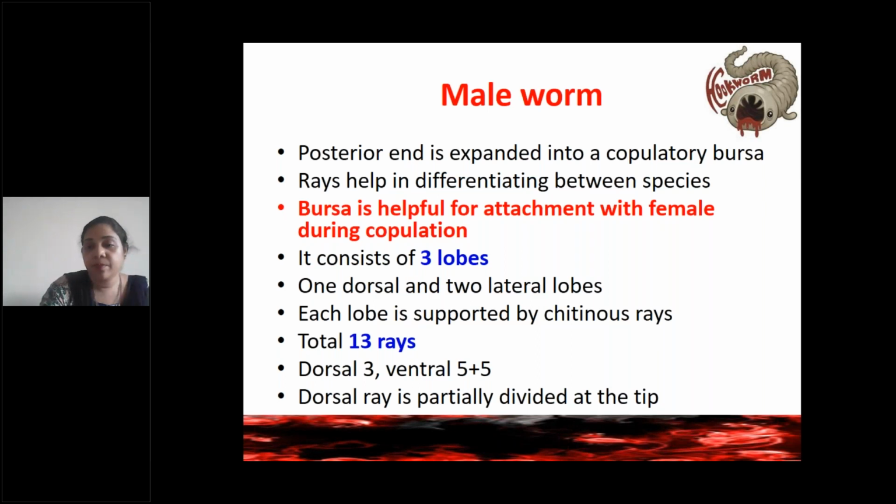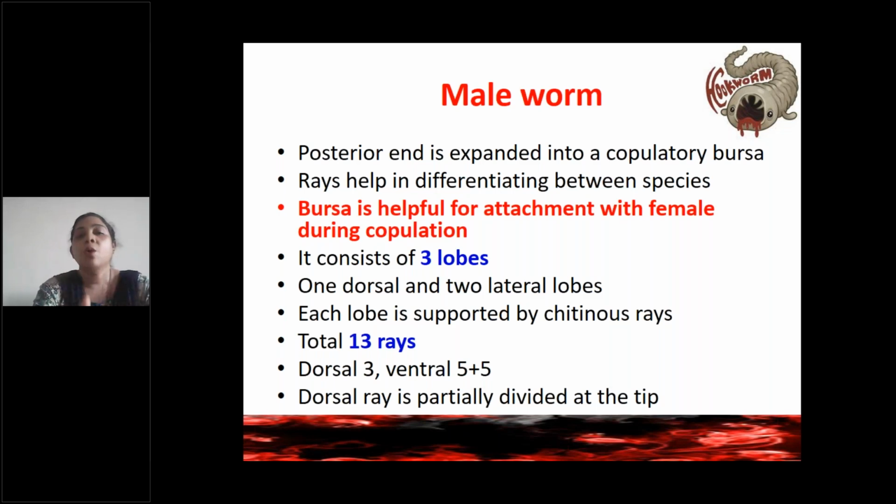Now the male adult worm. Posterior end is expanded into a copulatory bursa, and rays help in differentiating this species. This bursa is helpful for attachment with female during copulation.